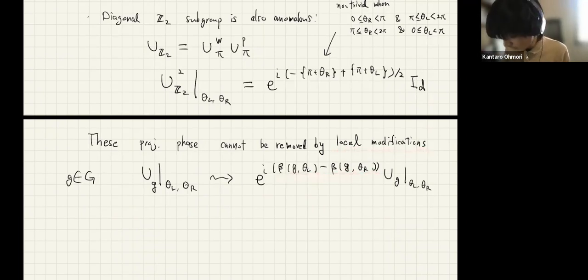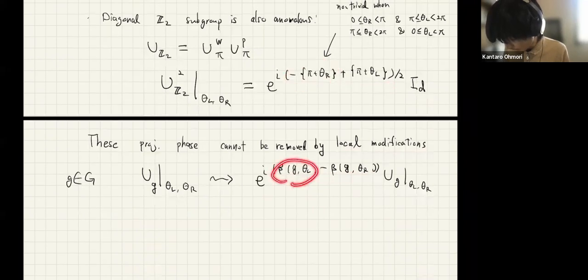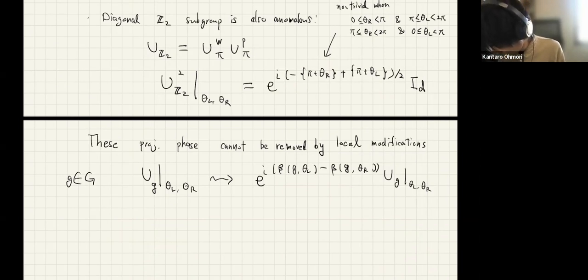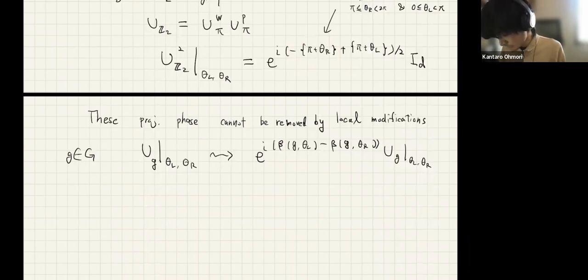This phase itself can be removed if you demand beta is this, but then the problem appears when this U Z2 acts on different theta L. So you can uniformly remove everything, I believe. Am I right?